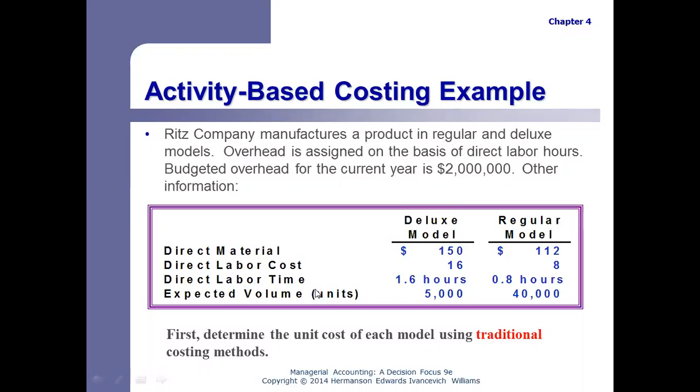So here are the direct labor hours, the time. Deluxe models used 1.6 hours per unit. Regular models take 0.8 hours per unit. So you can see the deluxe model uses twice as much labor time as regular models do.